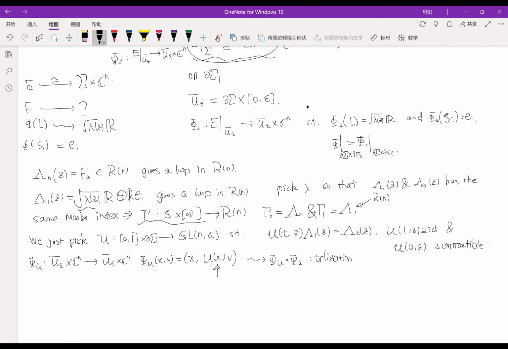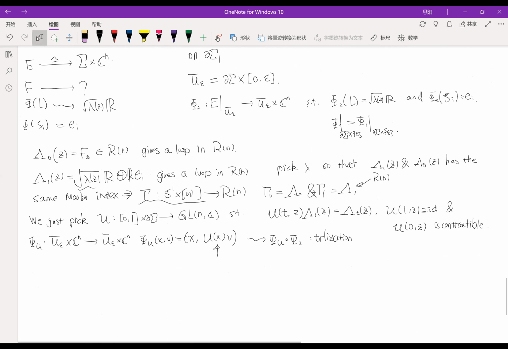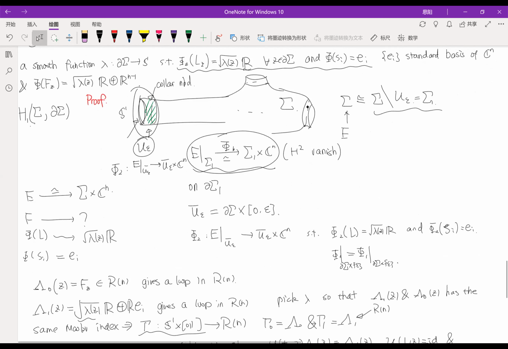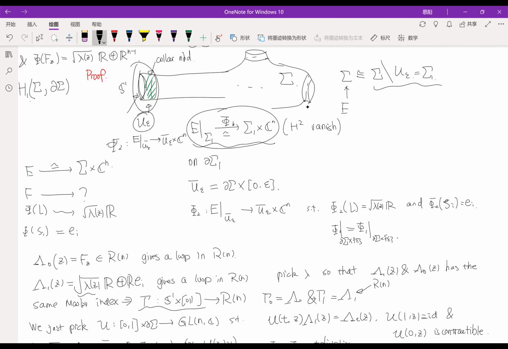And since psi_2 must coincide with psi_1, we in fact have a global trivialization, and phi_2 is just the trivialization of E restricted to the cylinder, so they will coincide.